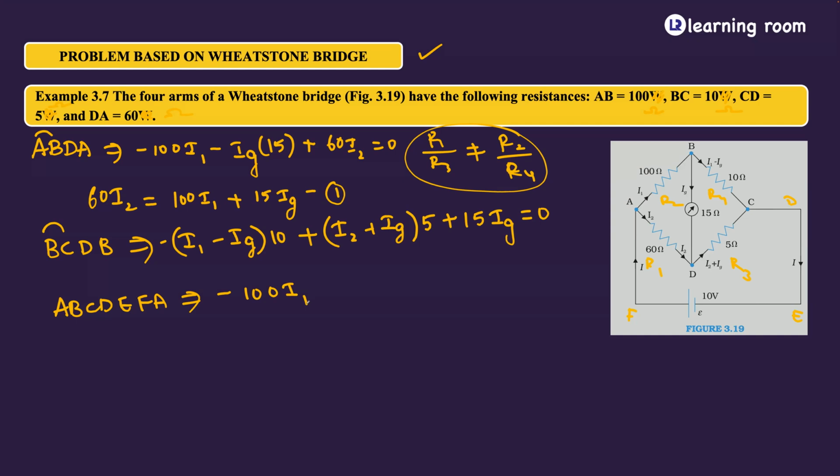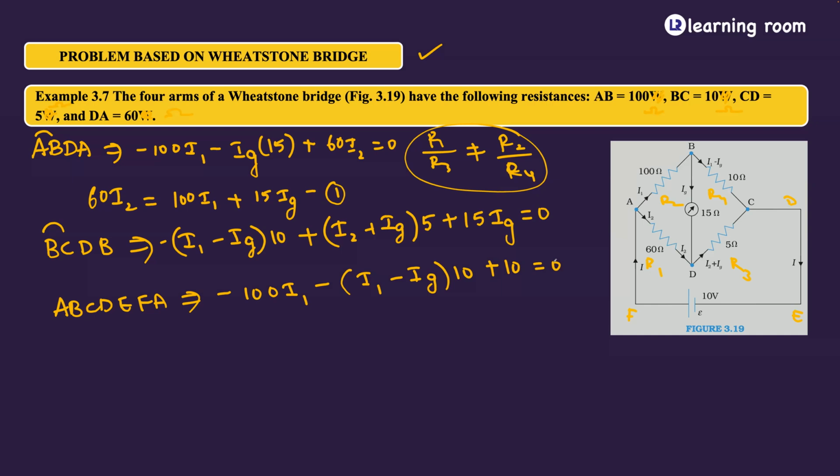When I go from B to C, it is going to be minus of I1 minus IG into 10. So when I take a complete loop, it is going to be plus 10 is equal to 0.